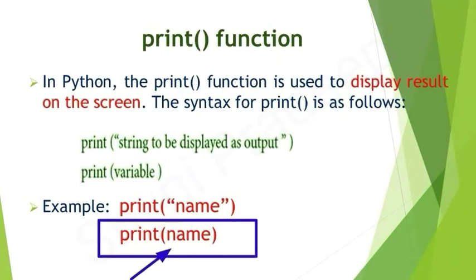Here it prints that value on the output screen. Suppose this name has the value RAM. You will get the output for this code as RAM, because here this name is called a variable. You have to print the value of that variable. So what is the value? RAM. So the output is RAM.